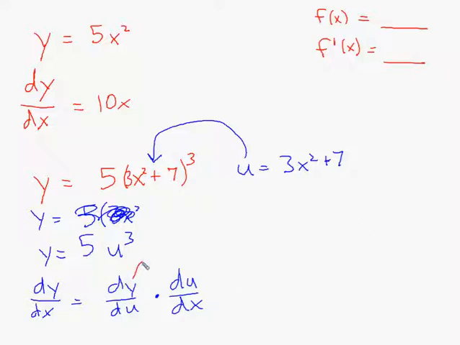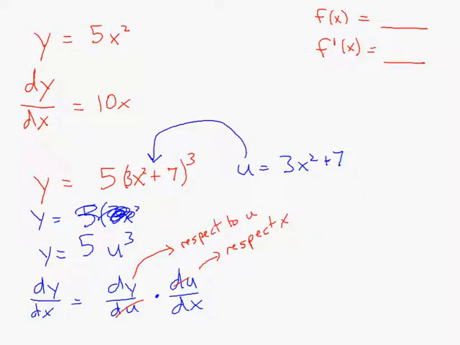So du dx, I take the derivative of this u that I did. That's going to be 6x. I take the derivative of this, I get dy du. Dy du is this. That's going to be 15u squared. And then I multiply those. 15u squared times 6x. And now, while I have this u here, I take this and put it back in.